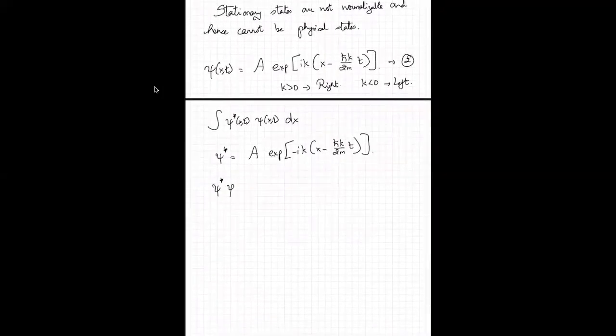This is just mod a squared. So if I calculate the integral of psi star psi dx, this is just an integral from minus infinity to infinity of dx, which is obviously blowing up, and hence it is not a normalizable wave function. Okay. So I hope that was clear.